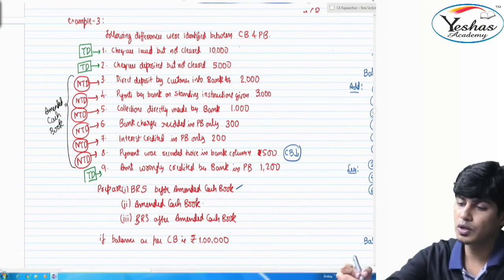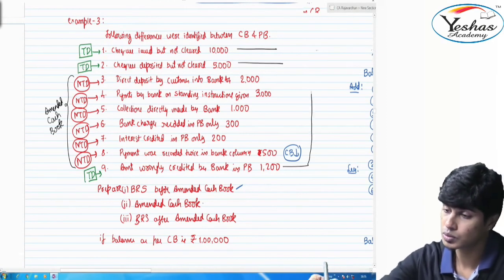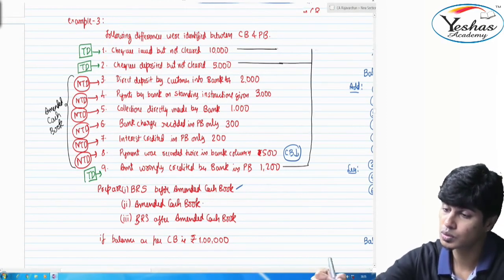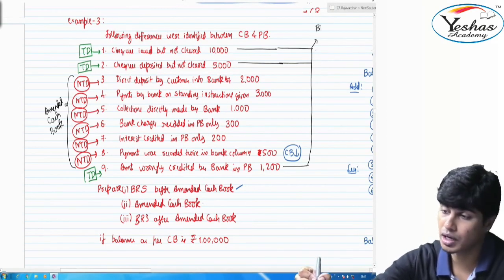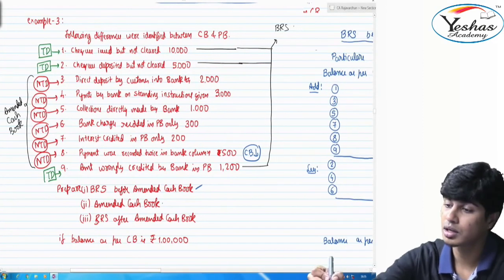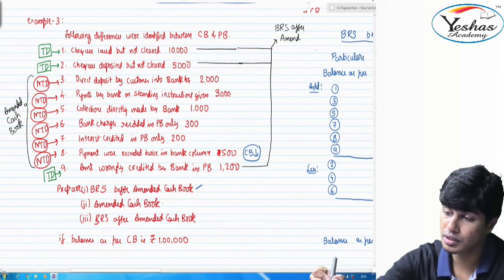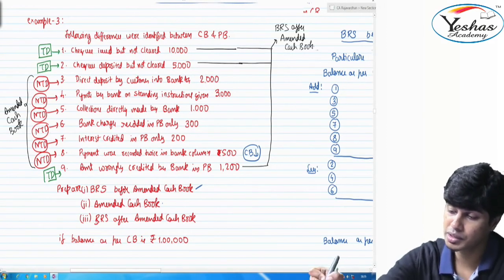Timing differences will appear in BRS, after the amended cash book, they will appear.